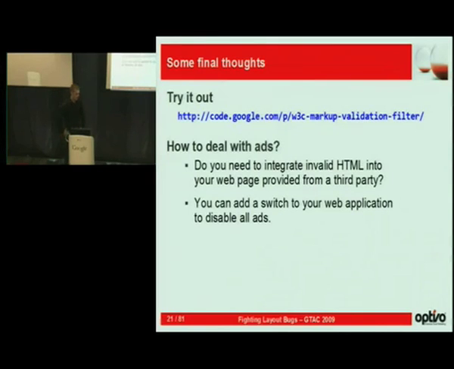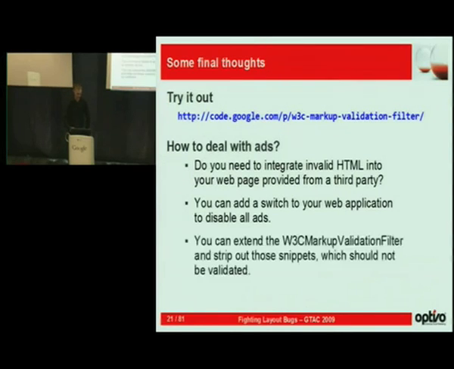So the first thing, maybe the easiest thing to do is to integrate a switch into your web application to turn off ads. That's nice. If you develop and don't see the ads, I think it's cool. It makes your website faster. And if you can't do this, maybe it's important to have those snippets.